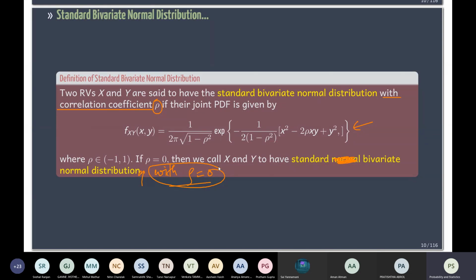We just say it's standard bivariate normal. Sorry about that. But this should not be confusing at all, because from the form we will always identify whether rho is 0 or not. If it boils down to the form minus half times x squared plus y squared, we already know that the correlation is 0.